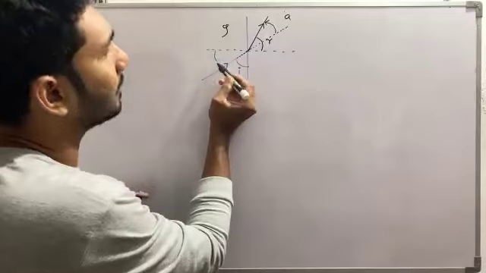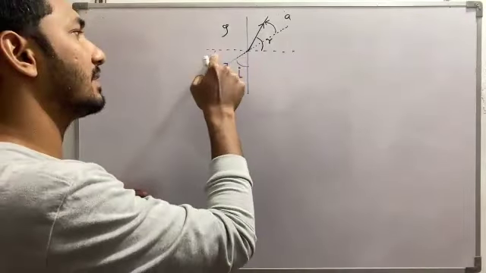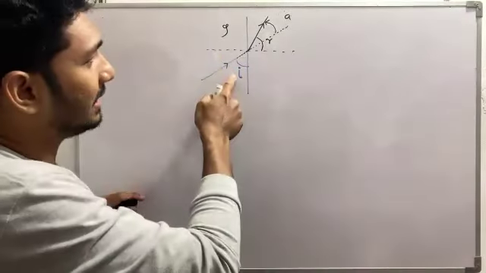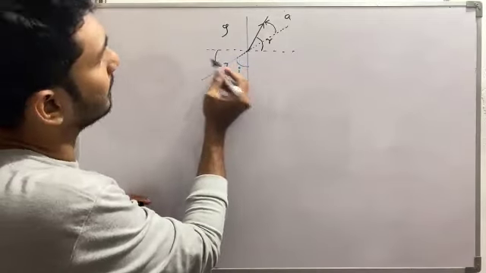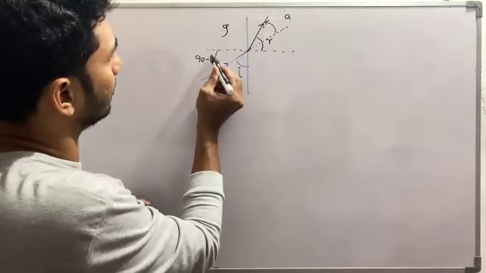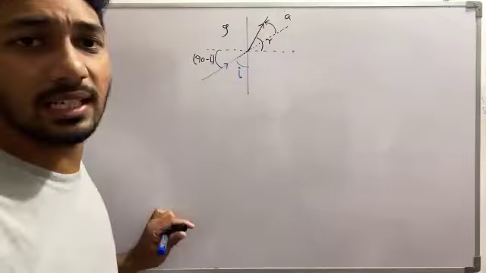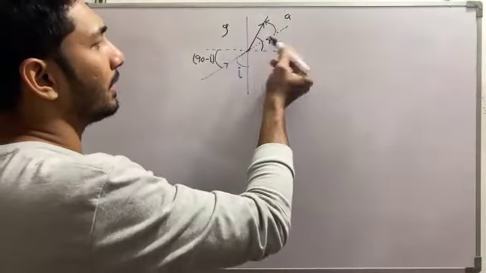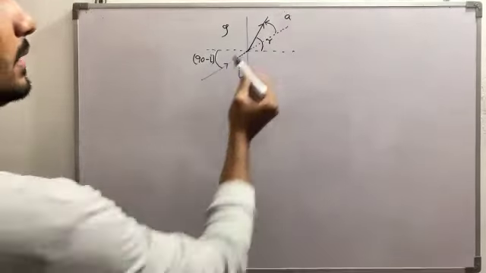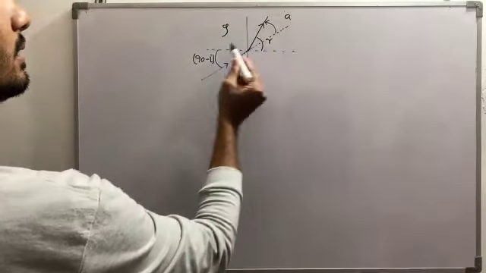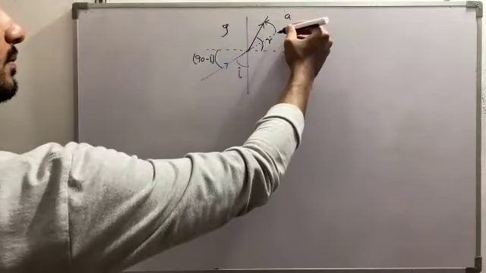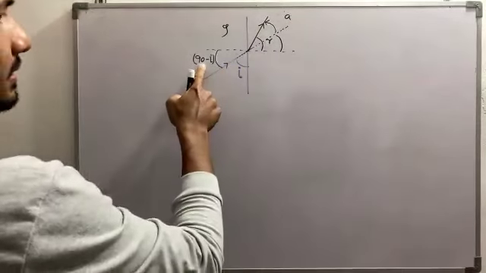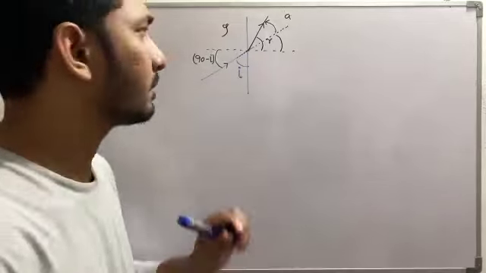This should be the incident, but I don't know, they have given this. So this will be 90 minus I, right? That is the angle of incidence here. Can you see this line and this line? This angle and this 90 minus I are vertically opposite.